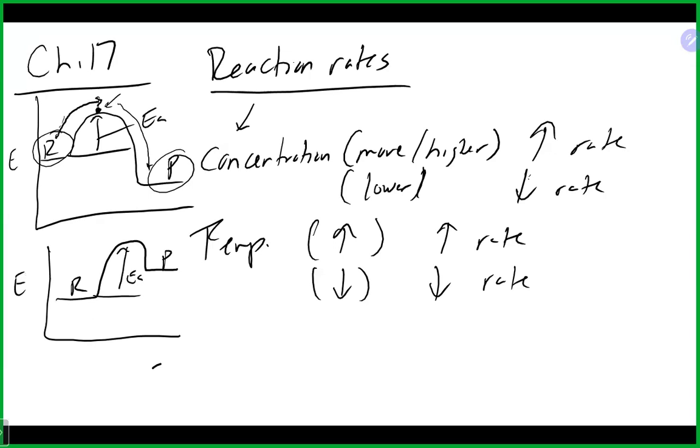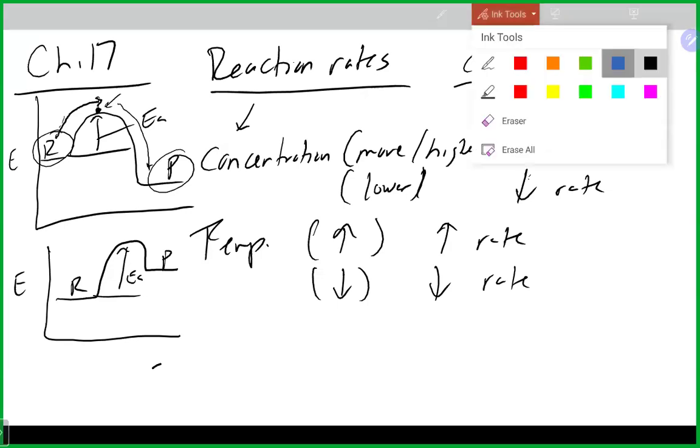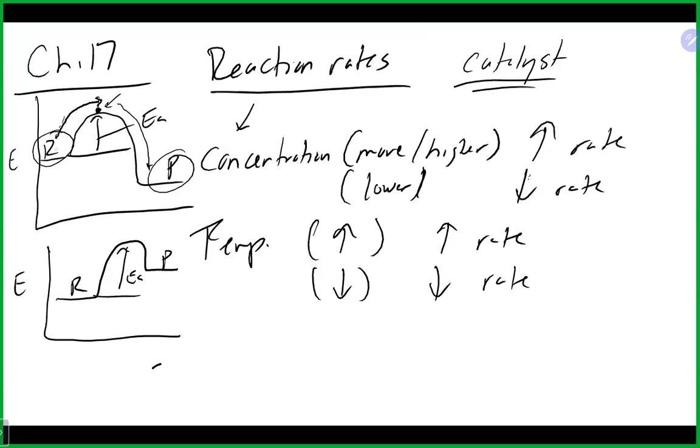Remember that another way that we could speed up a reaction is we could add a catalyst, right? And a catalyst, again, is not a reactant and not a product. It does not get used up in the reaction. It's there to facilitate the reaction occurring in a more efficient way. And if you look at an energy diagram, because it's occurring in a more efficient way and does not get used up, it will lower that activation energy hill.